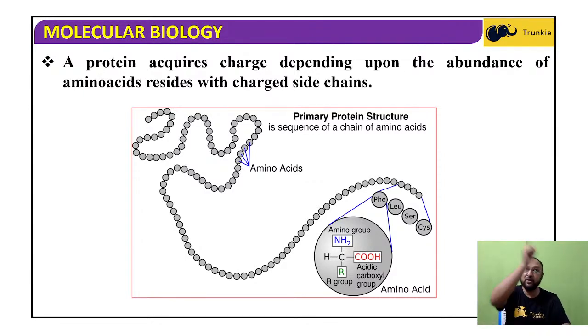A simple polypeptide chain is primary. An alpha helix, as found in keratin, is secondary. Hemoglobin is an example of quaternary structure.